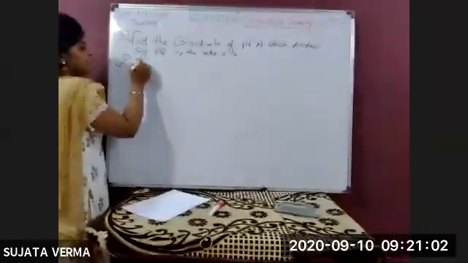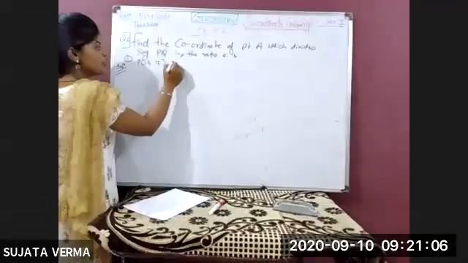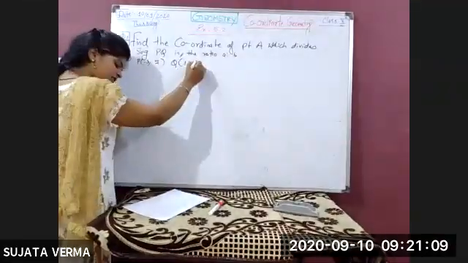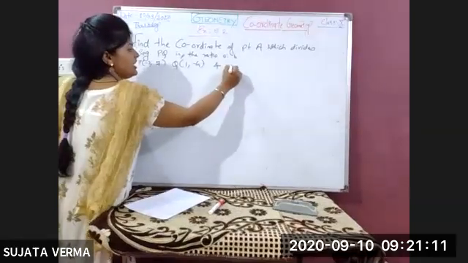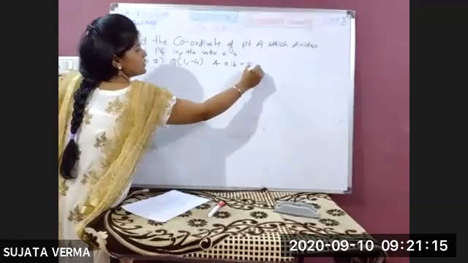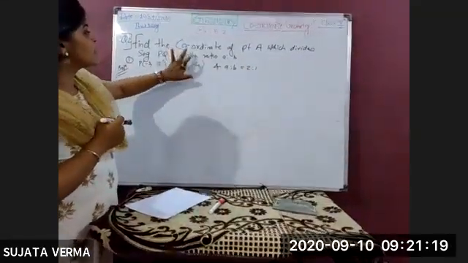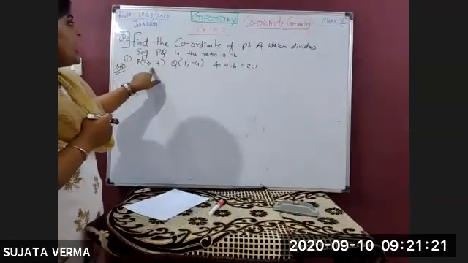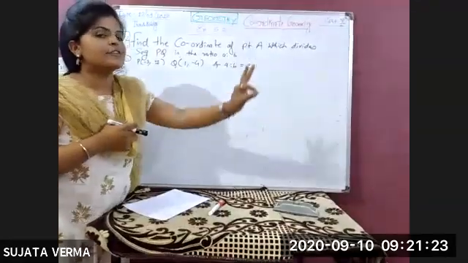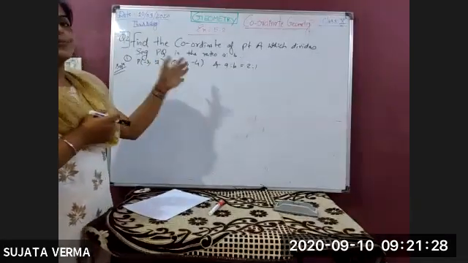P coordinates are -3, 7. Q coordinates are 1, -4. And the ratio A is to B is equal to 2 is to 1. Similar type of question. In this question, we have to find the coordinates of A, which divides the line segment PQ.